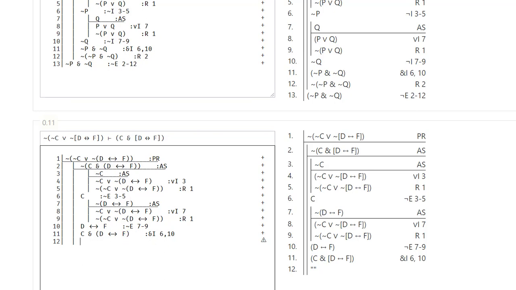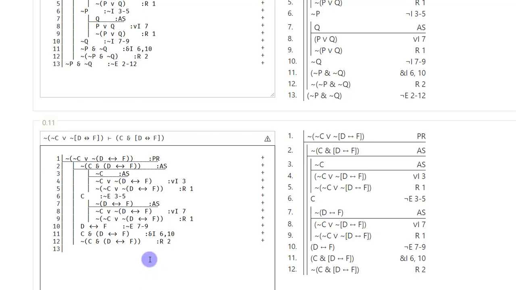So on line 12, we want to put not C and D double arrow F. Need that and that. Did I do that right? Yeah. Okay, so that is reiteration line 2.